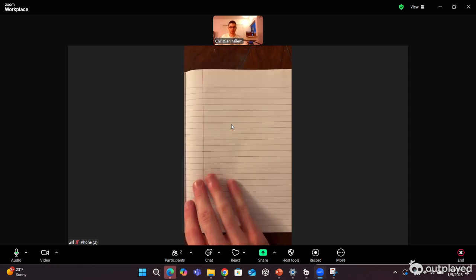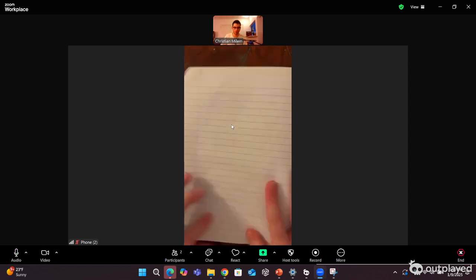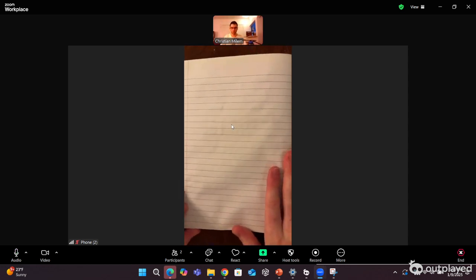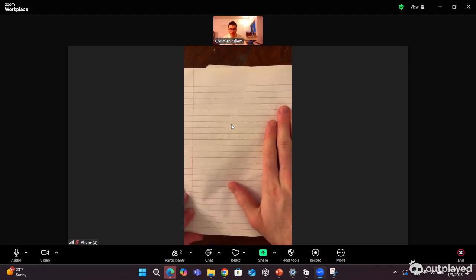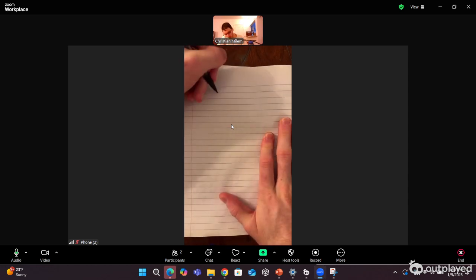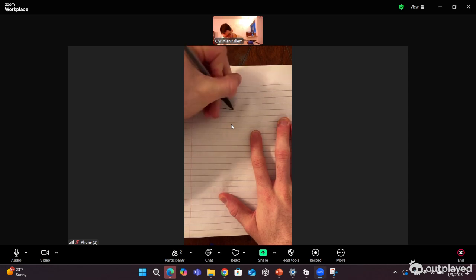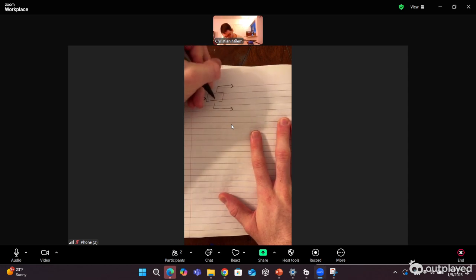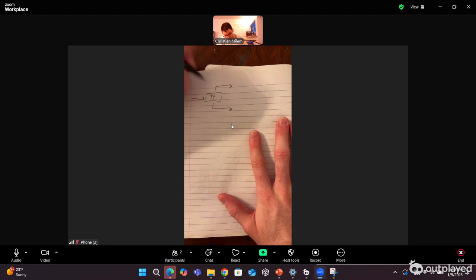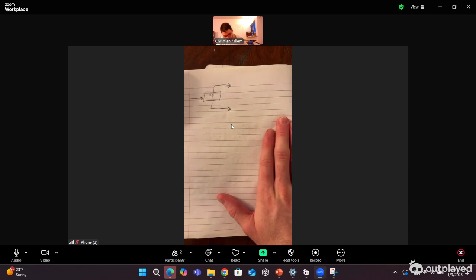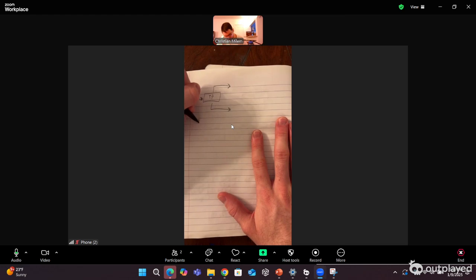Now for our splitter, we'll fold this over. So for our splitter, you have something like this. Temperature and pressure, inlet stream and an outlet stream. So we have 3 streams.